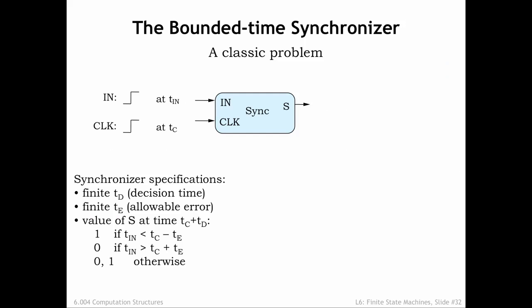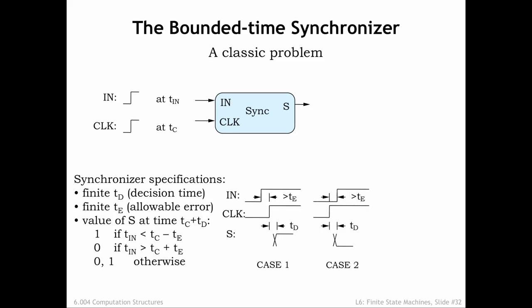Here's a detailed specification for our synchronizer. The synchronizer has two inputs, in and clock, which have transitions at time Tn and Tc respectively. If in's transition happens sufficiently before clock's transition, we want the synchronizer to output a 1 within some bounded time Td after clock's transition.